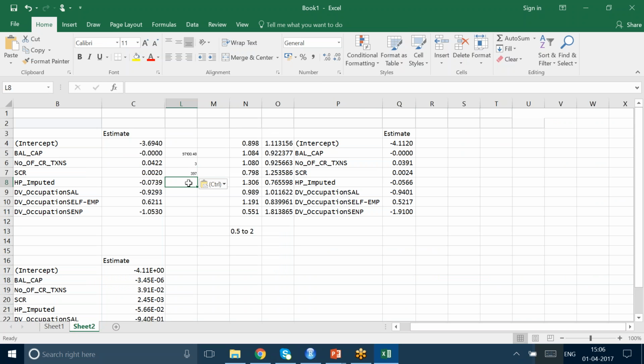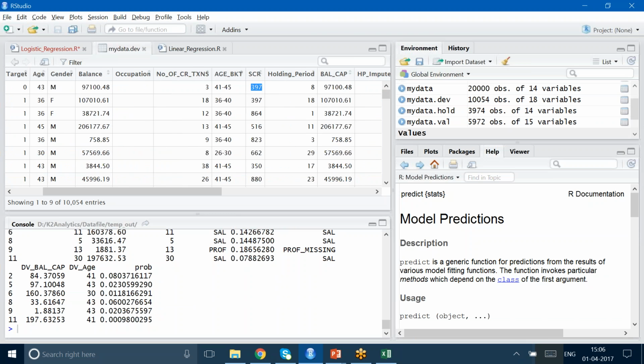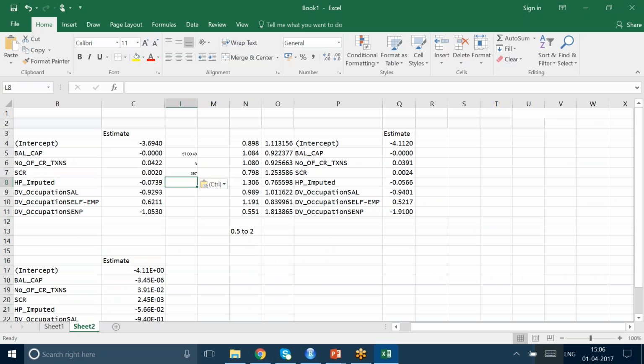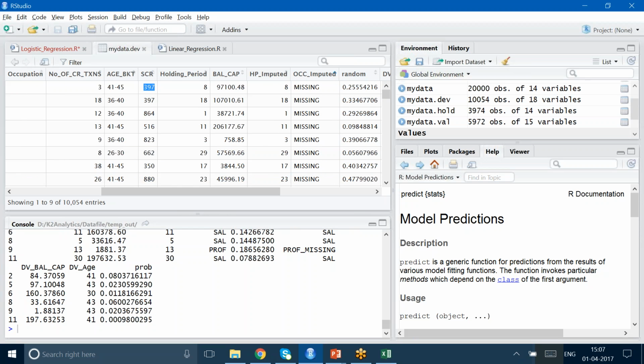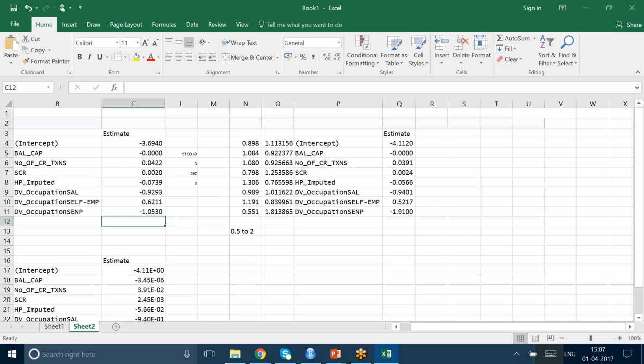HP, holding period imputed: what is the holding period imputed for that customer? 8. Occupation: salaried, self-employed, self-employed non-professional. What is the occupation of this customer? Missing. Yes, this customer's occupation is missing, so I'll have to put it here. Missing. Let me change this, the font has come small, right?